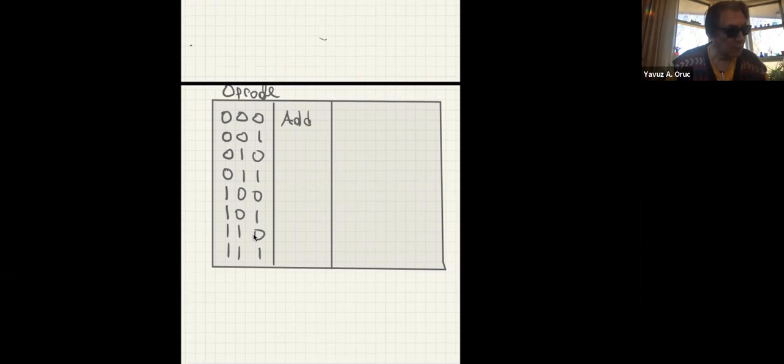The next one is complement. The one after that is load. The one after that is move. Move with a V. And then jump.